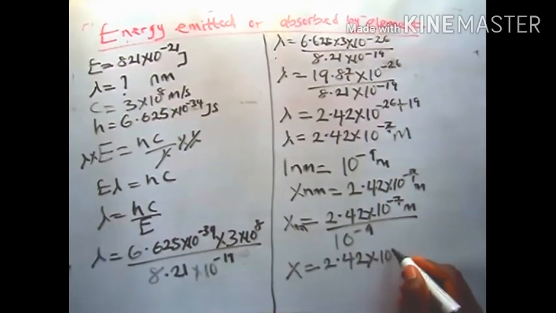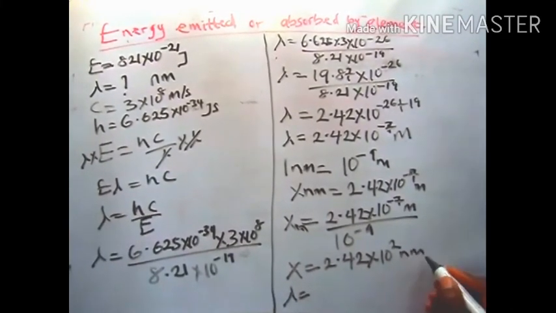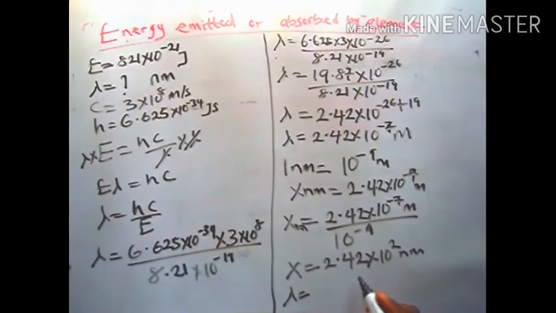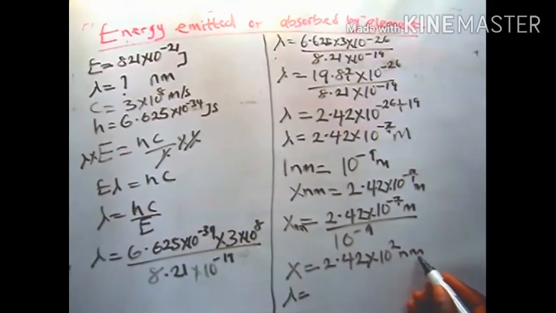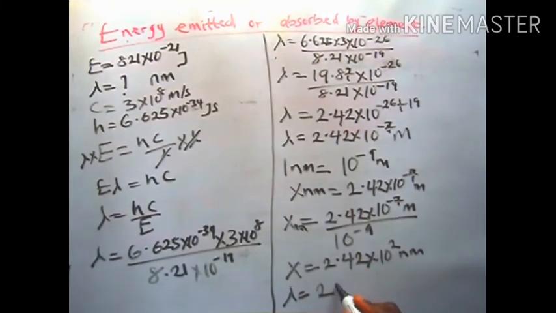Now your lambda in nanometer, if you like, you can leave your answer like this, and if you like, you can go further and say when you multiply this to this, you cancel out the decimal, then you have this. This is your lambda.